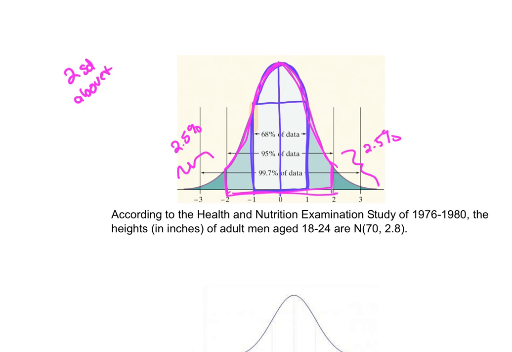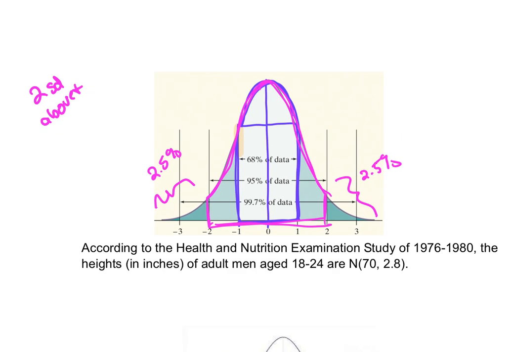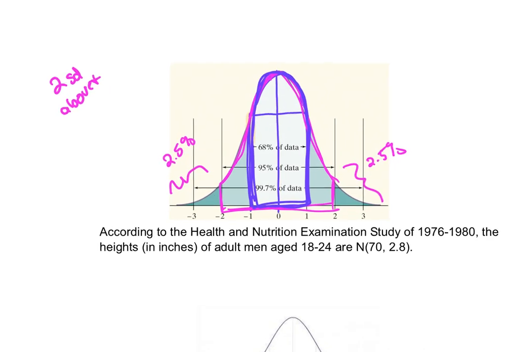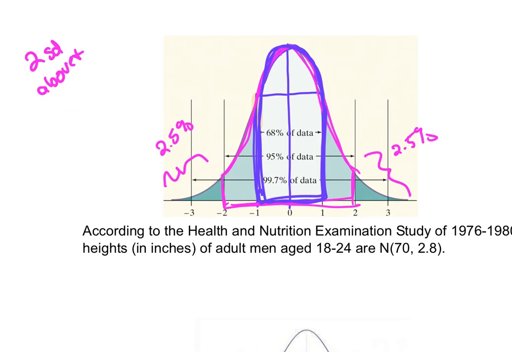Okay. So, let's go back then. The purple here, that is 68% of the data in this particular area, right? 1 standard deviation above and below the mean. 95% is within 2 standard deviations above and below the mean. So that's the pink, right? And then that means that we have the 2.5% outside, beyond 2 standard deviations from the mean.